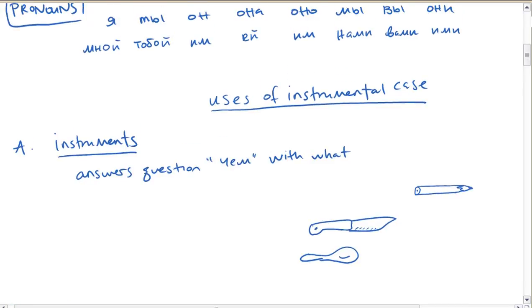So we use the instrumental case when we're talking about instruments, right? When we're answering the question, Чем, with what was something done? So, Чем вы пишете? What do you write with? We would answer, Я пишу карандашом.